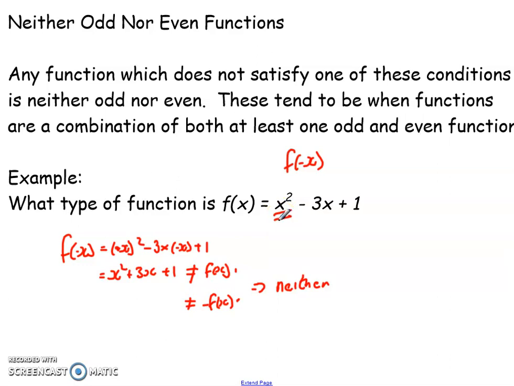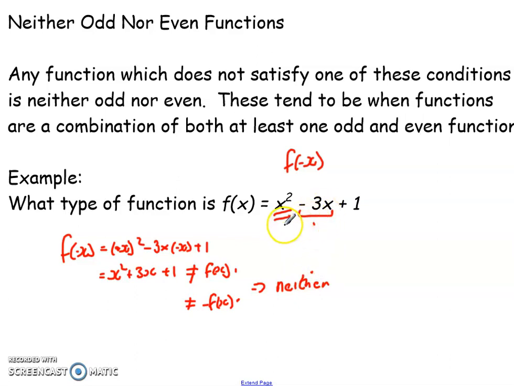So I'd have the condition for an even function. If I then looked at just the negative 3x part on its own, and I did f of negative x, I would end up getting 3x. So f of negative x would equal negative f of x. So this one here would be an odd function. So I've got a combination of even and odd functions. Because of that combination, I get neither. It's not one single type of function the whole way through.